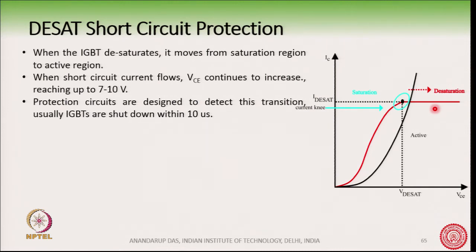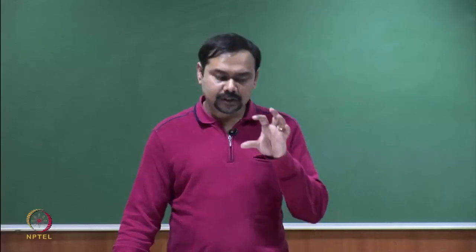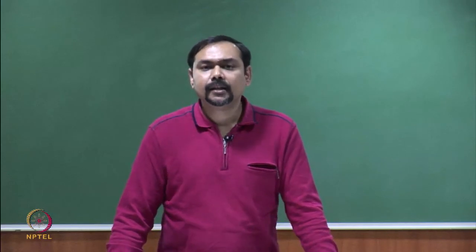In the active region, the VCE voltage is substantially high, of the order of 7 to 10 volts. So, protection circuits are designed inside the gate driver or with some components outside.